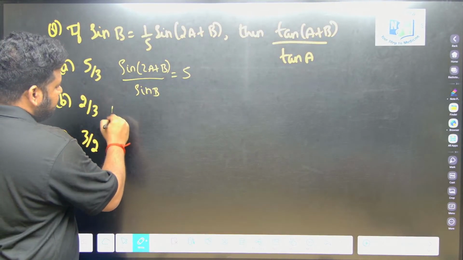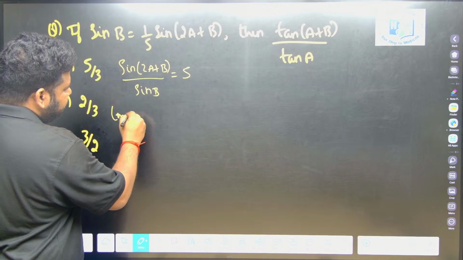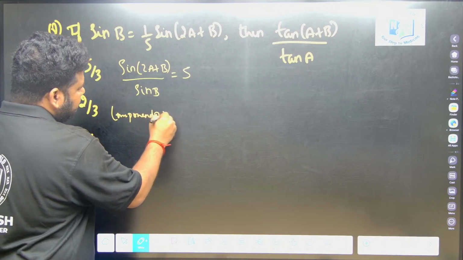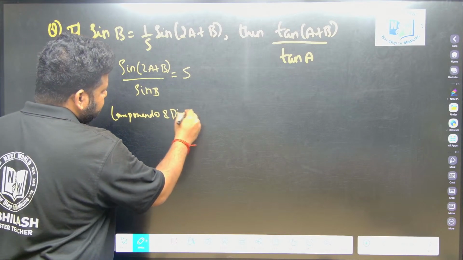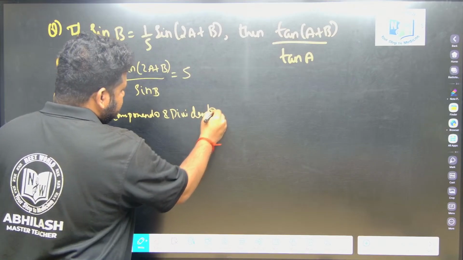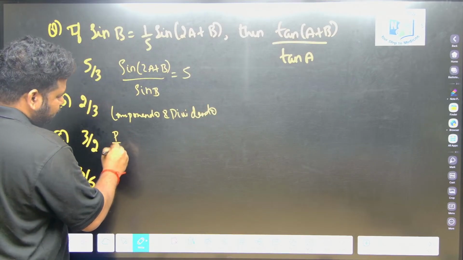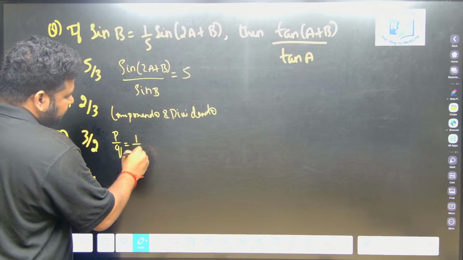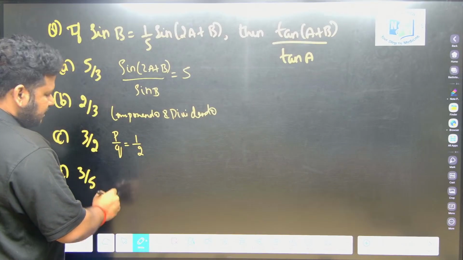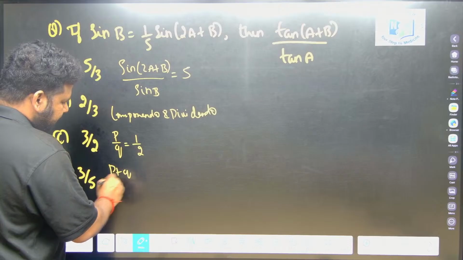Componendo and dividendo, in 10th you would have studied, otherwise I will explain now. Suppose we are having the ratio p by q is equal to 1 by 2. Componendo and dividendo means (p plus q) by (p minus q).